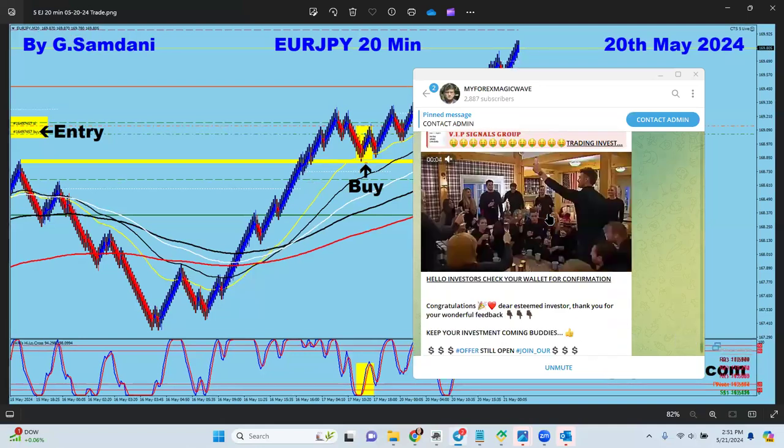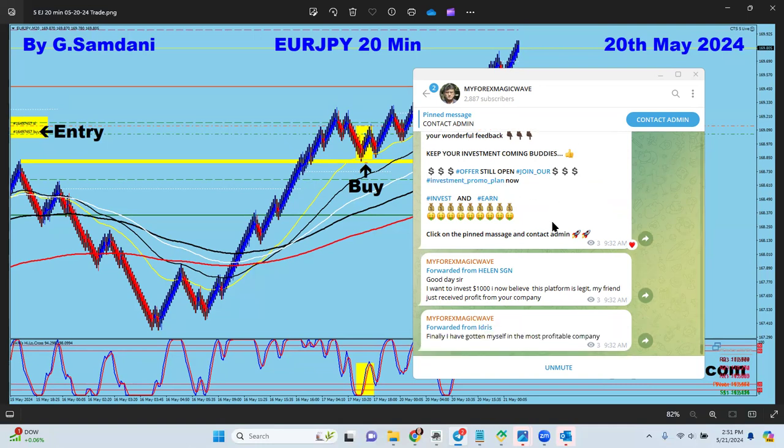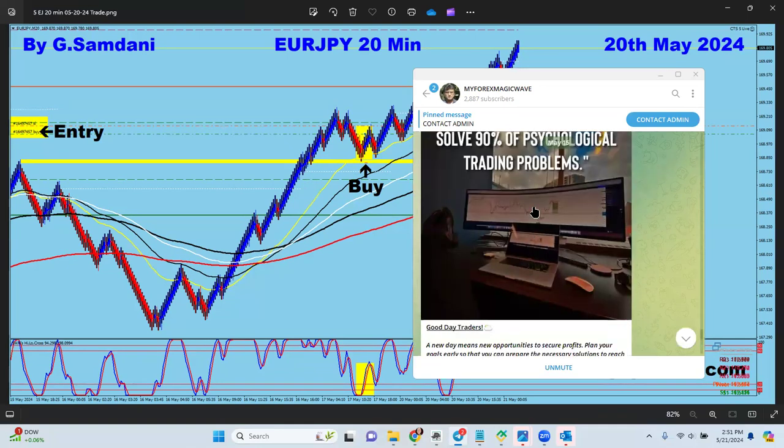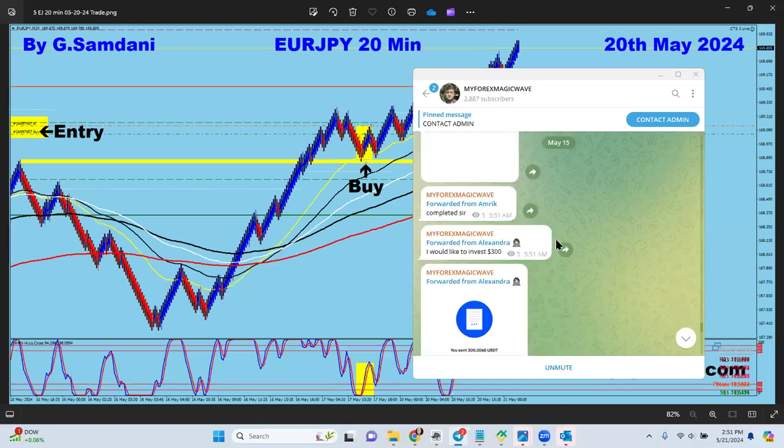Don't give him any money. He's asking people for money. This has been going on for months and months, and I don't know how many people he defrauded.